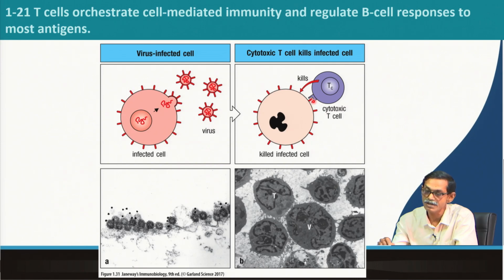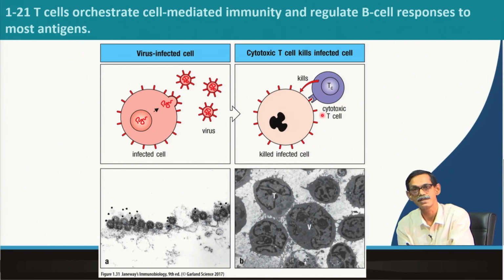As soon as they recognize, bind or attach specifically, they give a signal. What kind of signal? After this attachment the cytotoxic T cell will be activated and tell that particular cell by cytokines that something has happened.